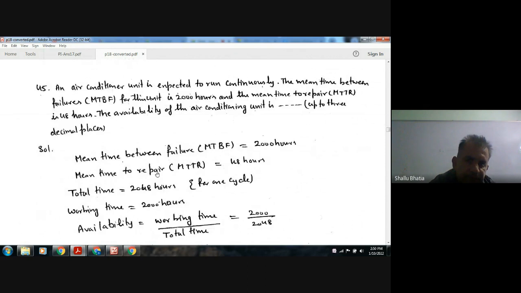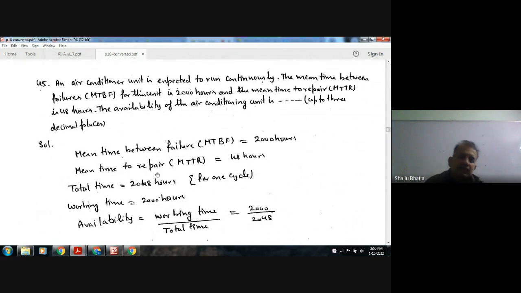Next, an air conditioner unit is expected to run continuously. The mean time between failure (MTBF) for this unit is 2000 hours, and mean time to repair (MTTR) is 48 hours. The availability of the air conditioning unit is dash up to 3 decimal places.